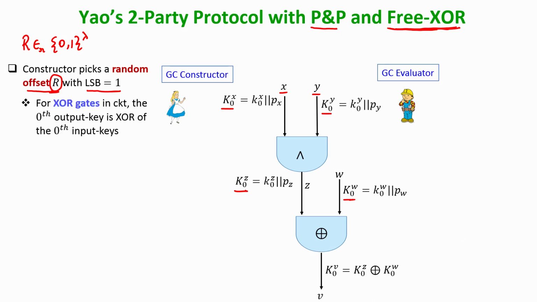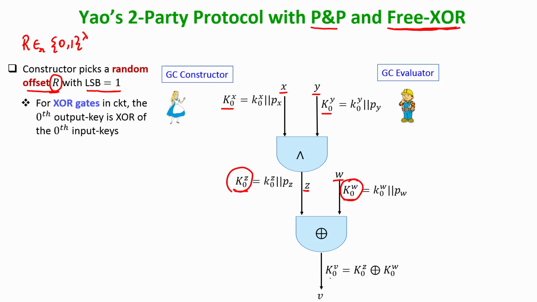For the outputs of the XOR gate, the 0 key is set to be the XOR of the 0 keys associated with the inputs of the XOR gate. So, in this case the XOR gate has the inputs Z and W, and their 0 keys have been already assigned.